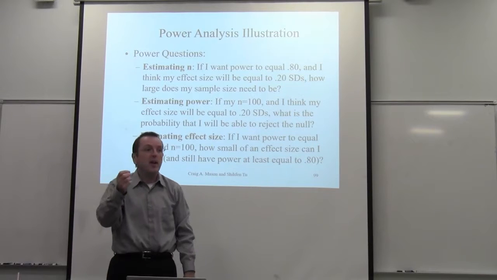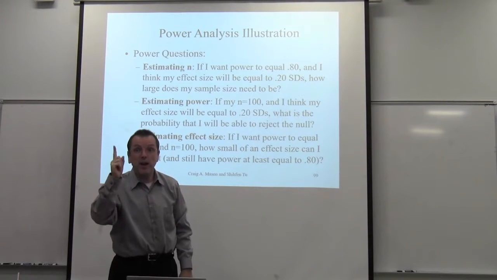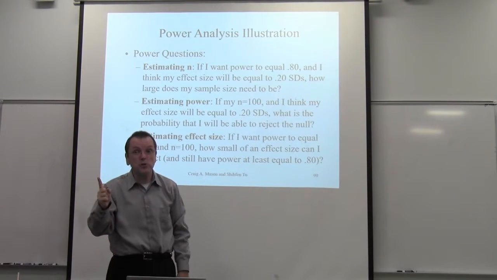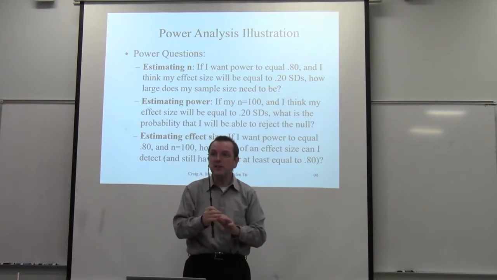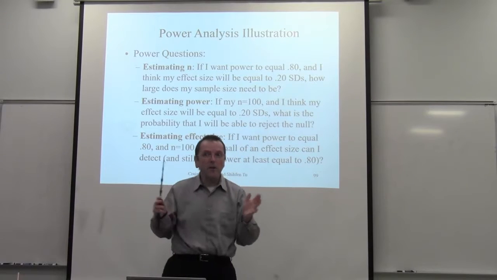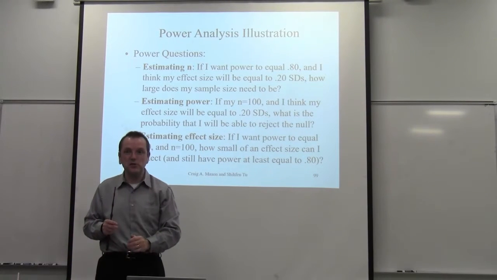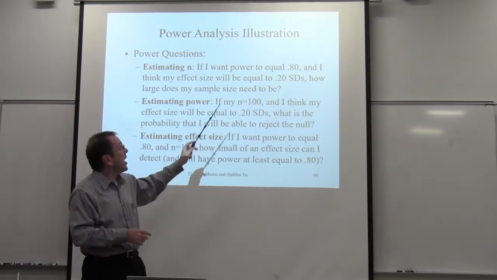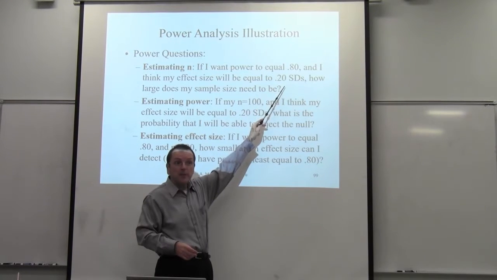And you might see that worded as, if I want my power to be equal to 0.80. And what I mean when I say my power is equal to 0.80 is if the alternative hypothesis is true. So now notice we've shifted. Up until now, we've always talked about assuming the null is true. In power analysis, we say if the alternative hypothesis is true, I want to reject the null 80% of the time.